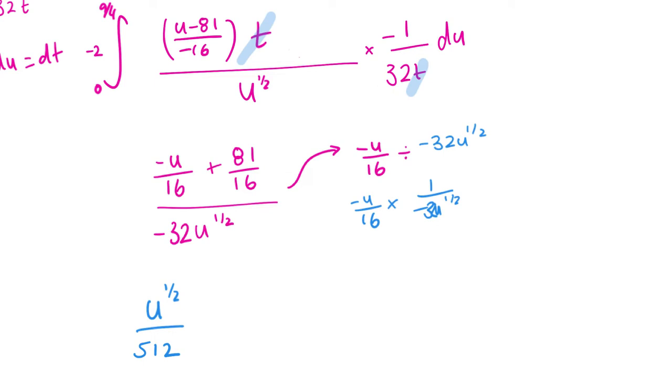Right, next one. 81 over 16 times 1 over minus 32u to the half. You didn't finish. So this is going to give me 81 over 16 times 1 over minus 32, which is minus 81 over 512 multiplied by u to the negative a half.